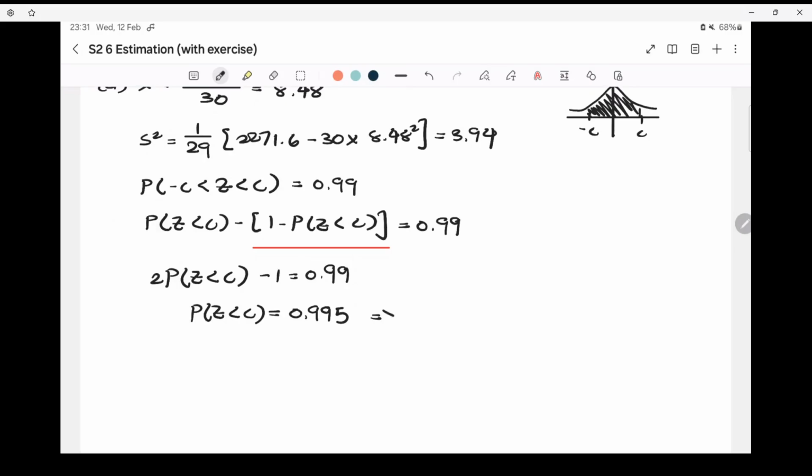So refer to your table. You will find that C is 2.574.